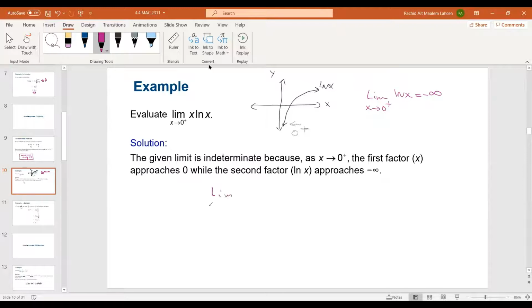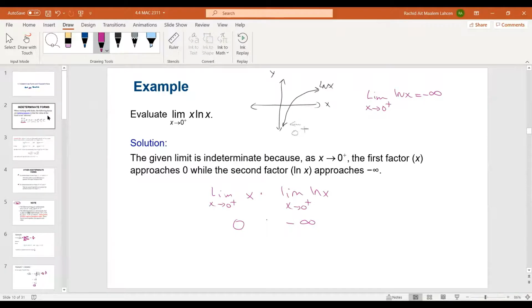So we have the limit as x approaches 0 from the right side of x times the limit of ln x as x approaches 0 from the right side. This is negative infinity and this is 0.